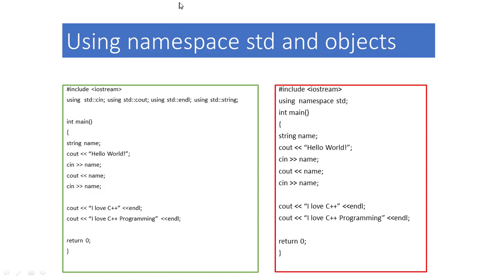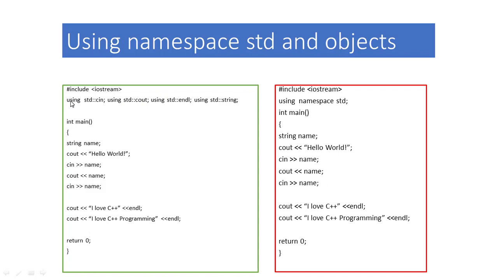Now, using namespace standard and the namespace standard objects. Here are two separate files as well, but they are for the same program. On this file, we say include iostream. With this line, we are specifically referencing some objects within the standard namespace.